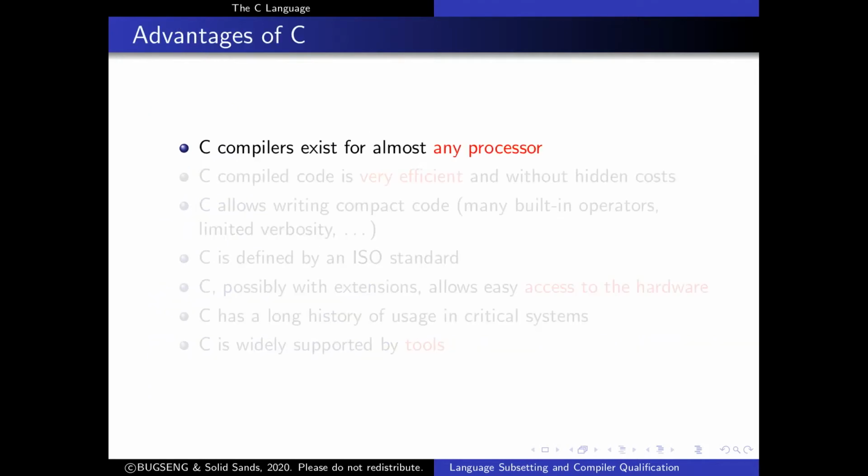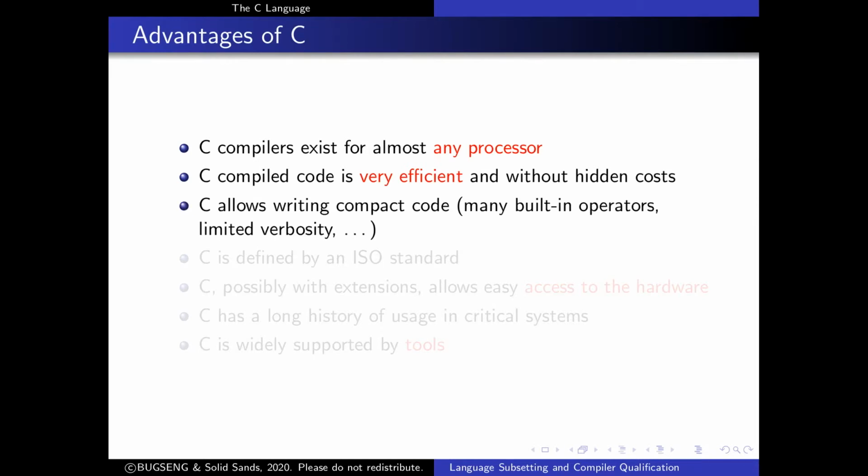There are very strong economic advantages of the C language, and they are summarized in this slide. So first of all, C compilers exist for almost any processor, and C compiled code can be very, very efficient without hidden costs, meaning that, discounting the issues with multi-core processors, a competent programmer can guess more or less what is the computational cost of any piece of code.